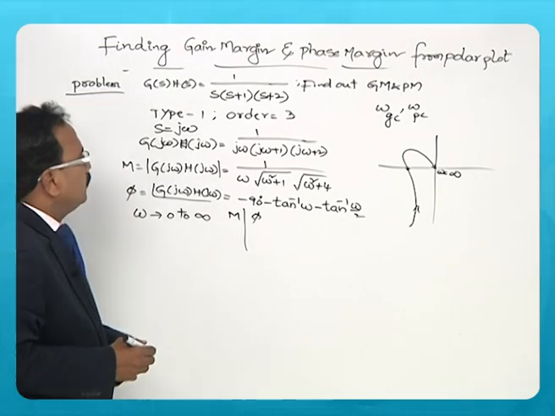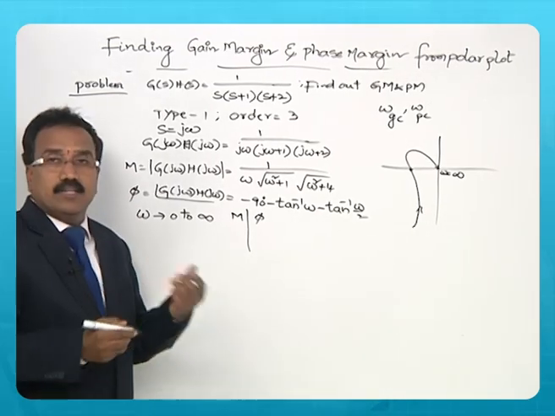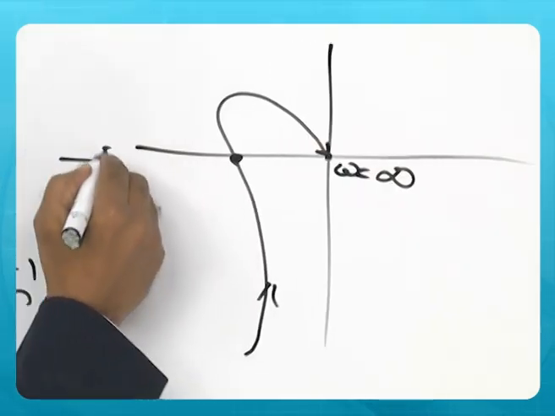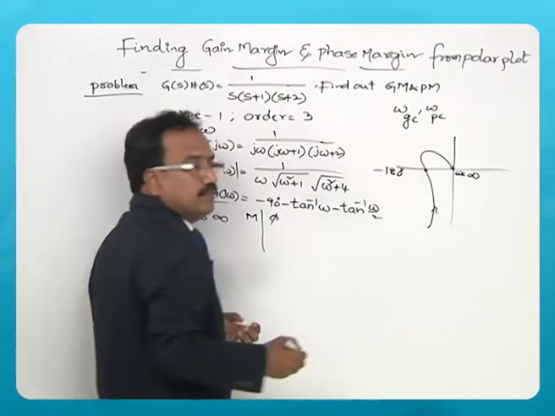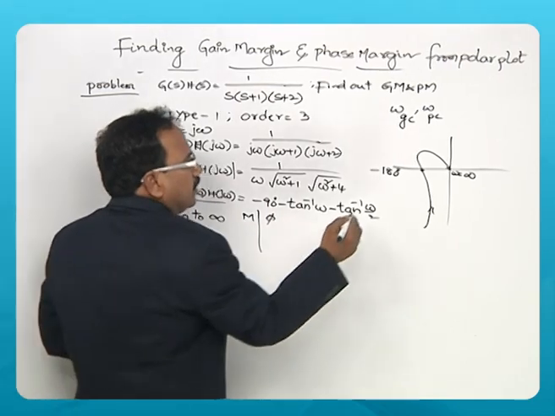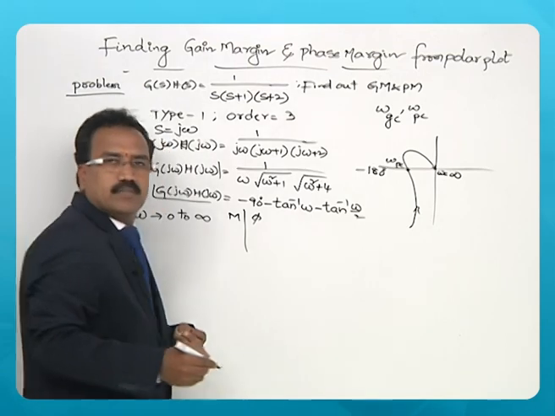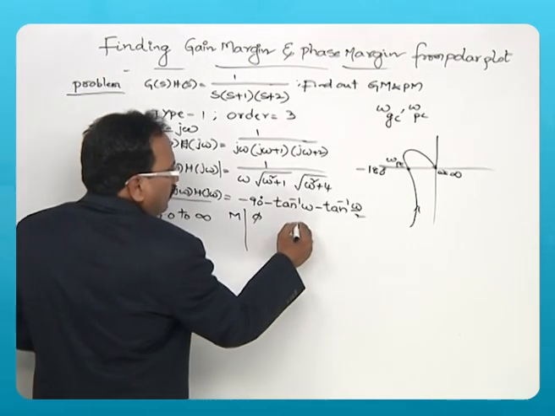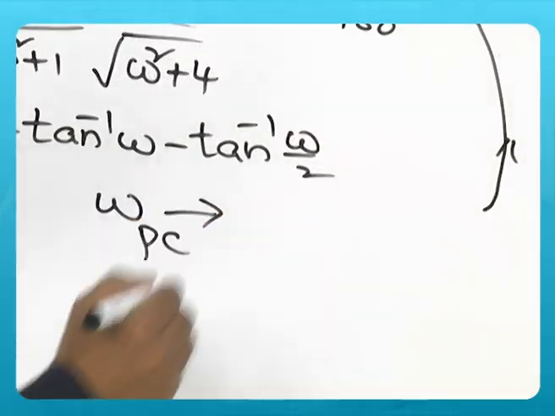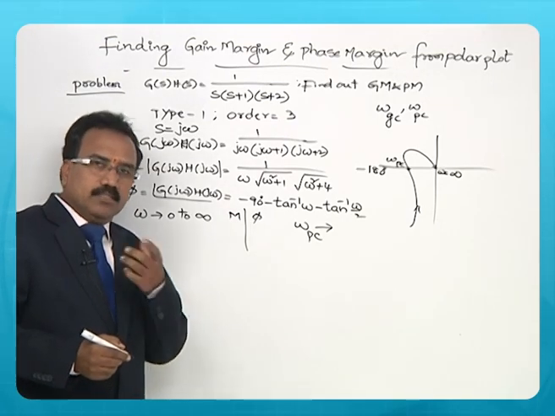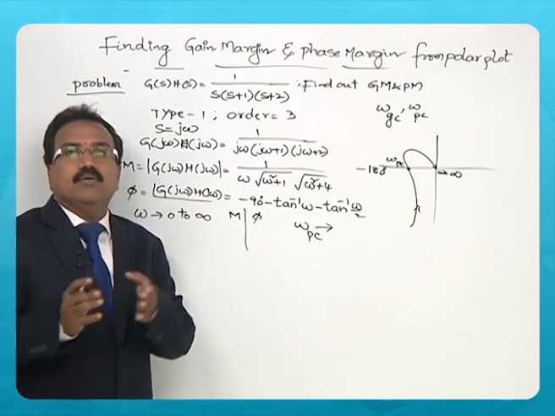Now, you need to equate this angle to know this particular one. This line is the minus 180 degree line. So, this point is actually called omega PC. So, to determine omega PC, I must equate the angle term to minus 180.